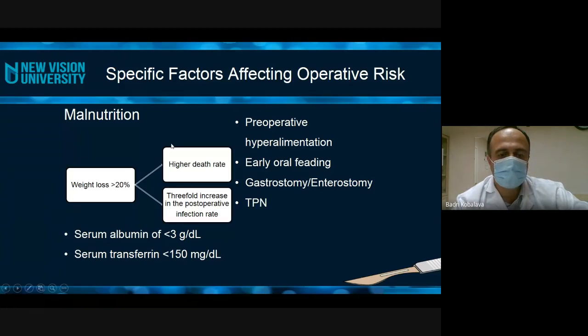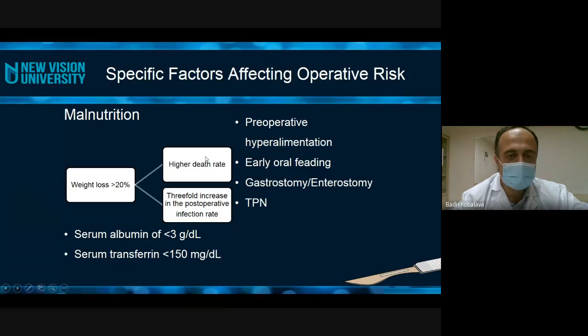That's why we must reveal the cases of malnutrition and somehow compensate it. So how to detect if the patient has malnutrition? First of all, it is the weight loss, more than 20% of body weight in a short period before surgery.